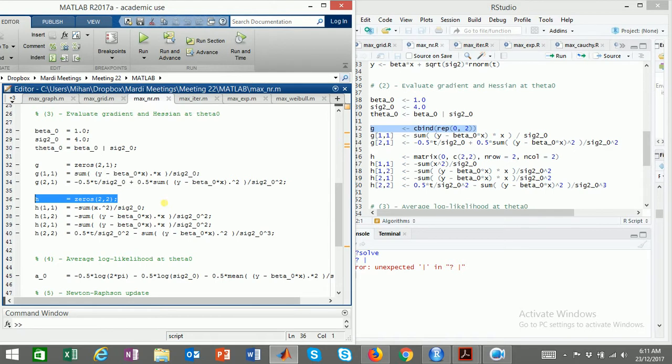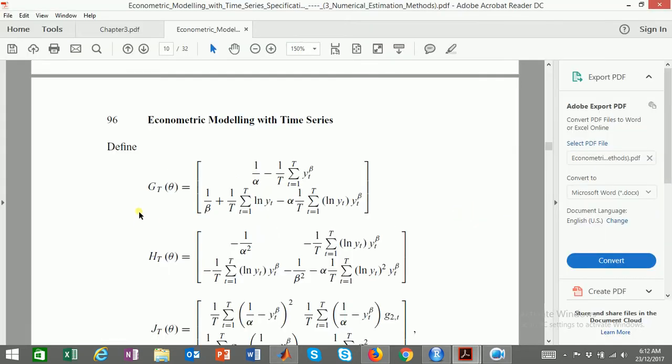So summation of x square divided by sigma square, then beta x for h12 and h21 gives you the same result, and h22. So h11 you have the mean, and h22 you have the log likelihood function generated for you. Just have a look.